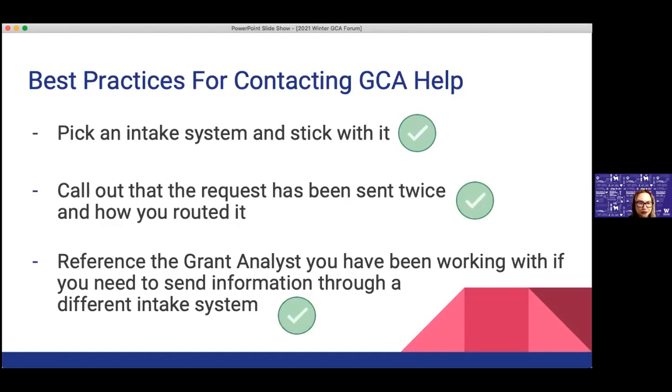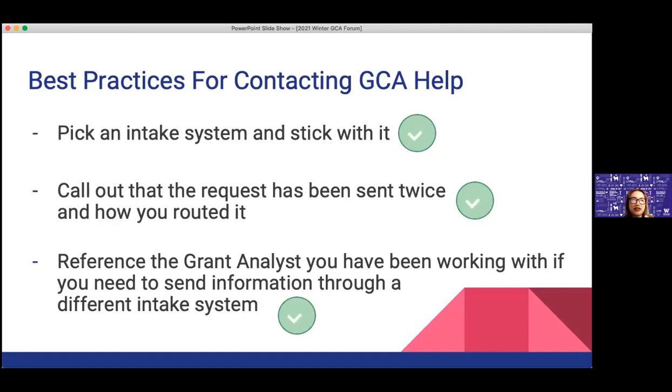And if you do have to use 2 different intake systems, for example, maybe it starts in Grant Tracker, but we have to involve other people or contact the sponsor, so it jumps into email, make sure that you reference the grant analyst that you've been working with. Sometimes you'll notice that when we send you a grant tracker, we'll say, hey, can you send a copy of that sponsor email?